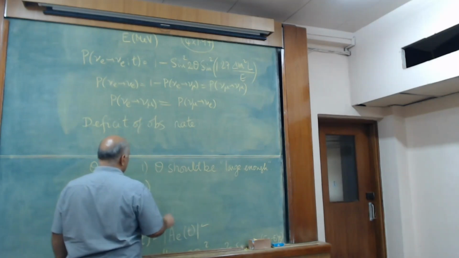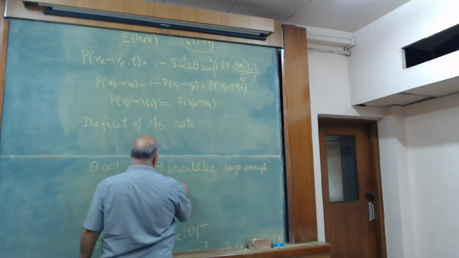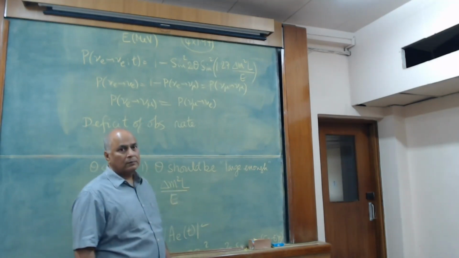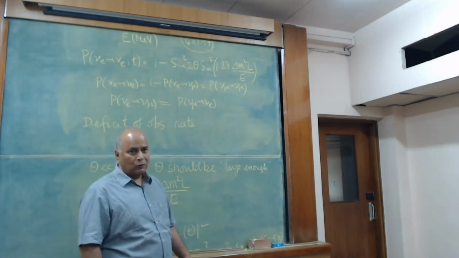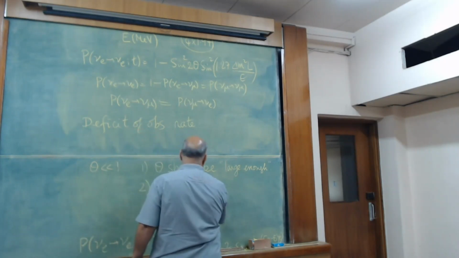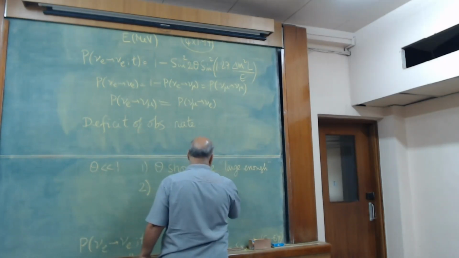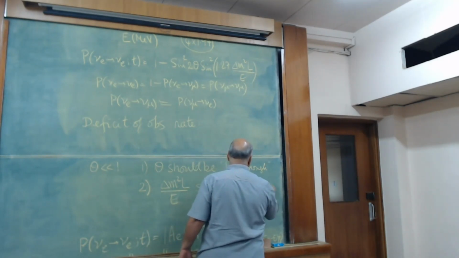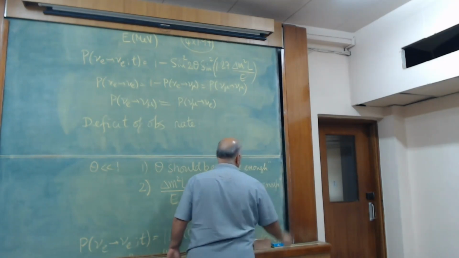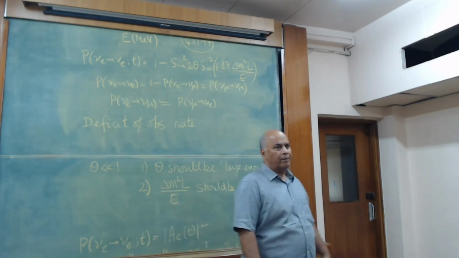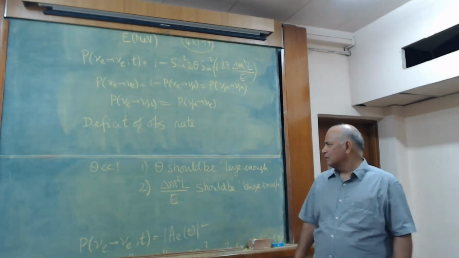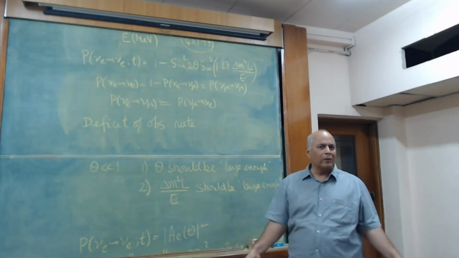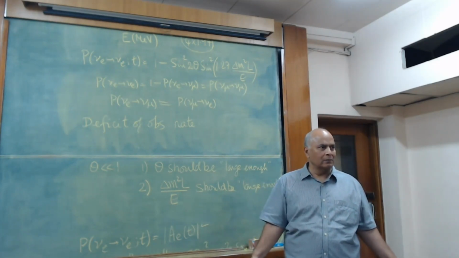The second condition is that this delta m square by L should be large enough also. Again, because if theta is large but this is very small, then also I cannot measure the oscillation probabilities.